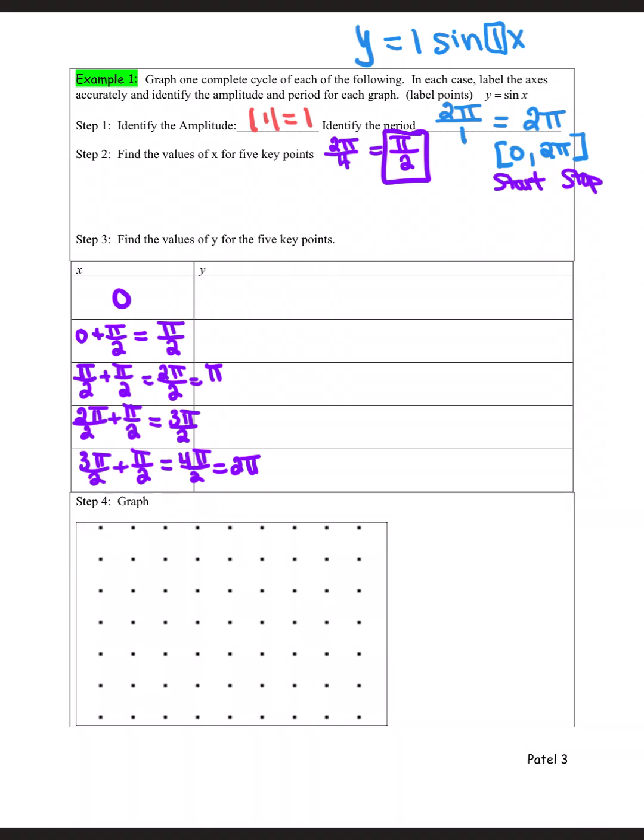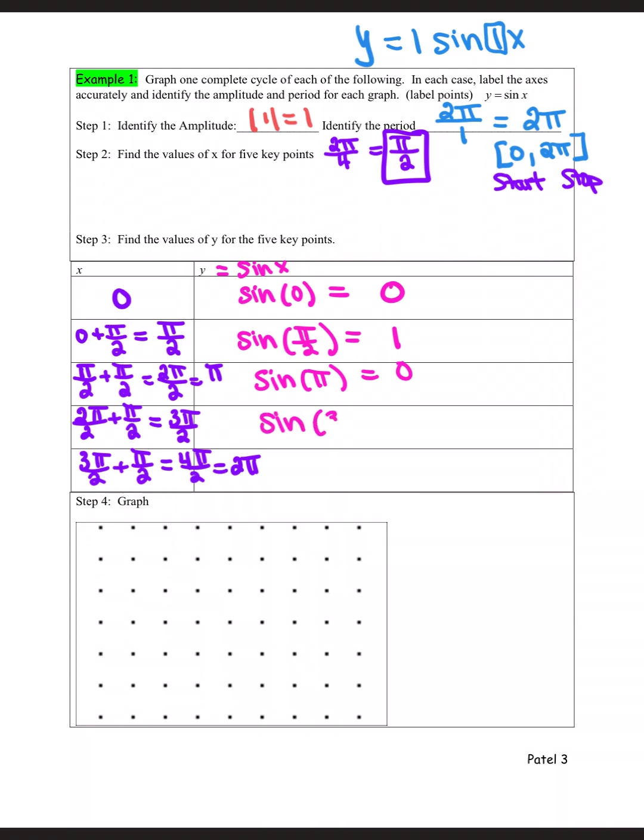Now we're going to find the points by just substituting. My function is y equals sine of x. Sine of 0, if you use the unit circle, is 0. Sine of pi over 2 is 1. Sine of pi is 0.